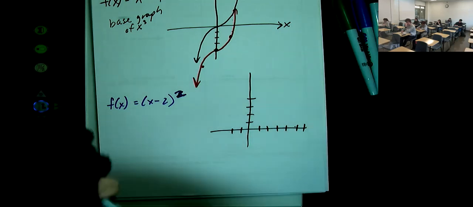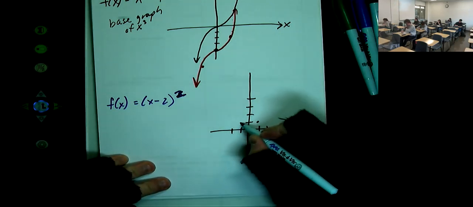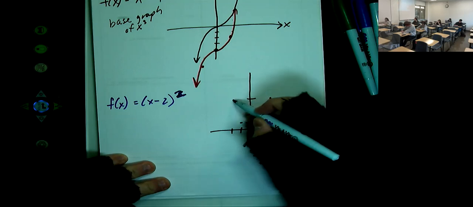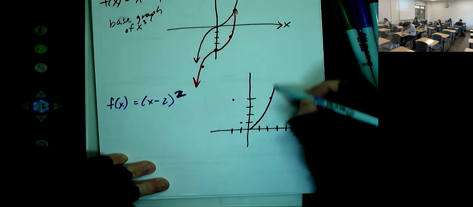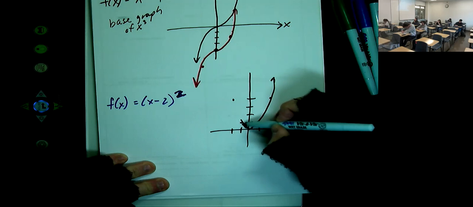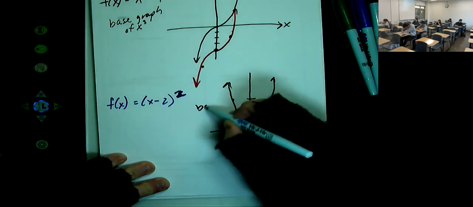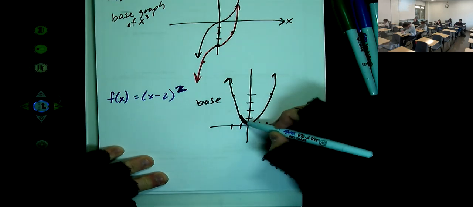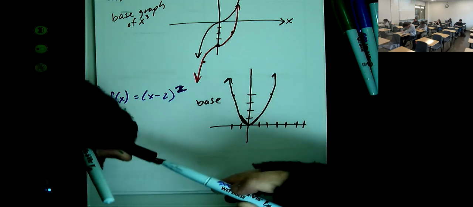So the base graph is our good old 1, 1, 2, 4. We've done parabolas. Base. That is sloppy. It should look a little more rounded. Mine looks like a point.